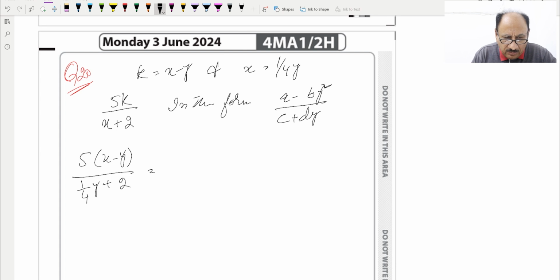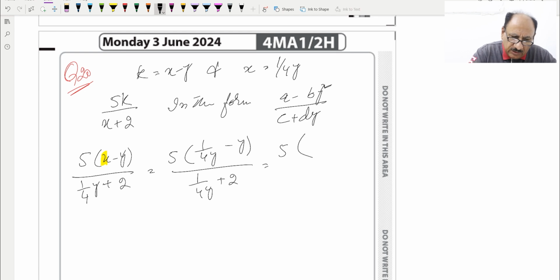Now we can replace this x, this one. This x also we can replace with 1 over 4y, so 5 times 1 over 4y minus y, over 1 over 4y plus 2. We can take the LCM, or solve this inner portion.